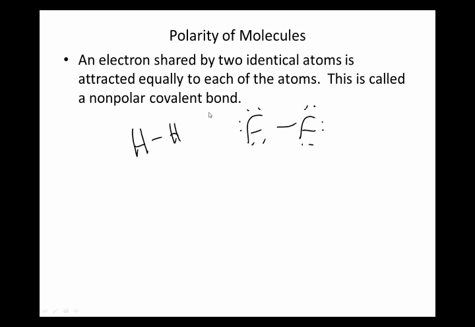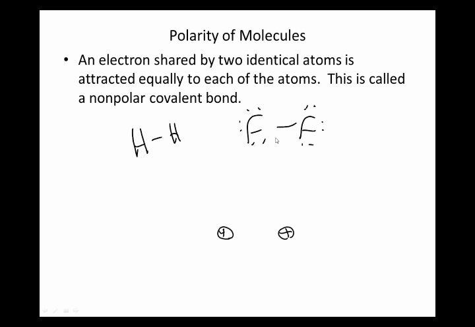Now, in hydrogen and hydrogen, or I should say this, two identical atoms are going to share exactly equally. These two fluorine atoms, they share those two electrons exactly equally. Remember how I was kind of drawing orbitals before? I was drawing orbitals like this, and it was just describing where the electrons are spending their time. We can also illustrate something by showing the electron density.